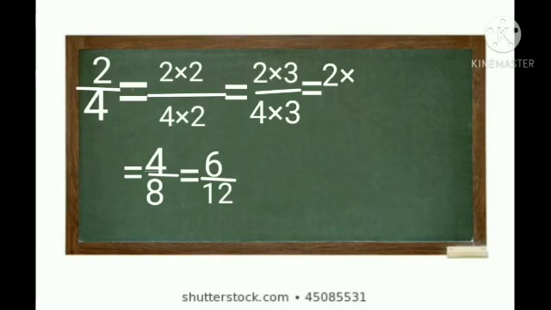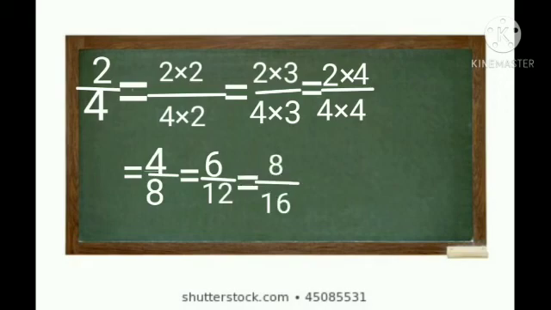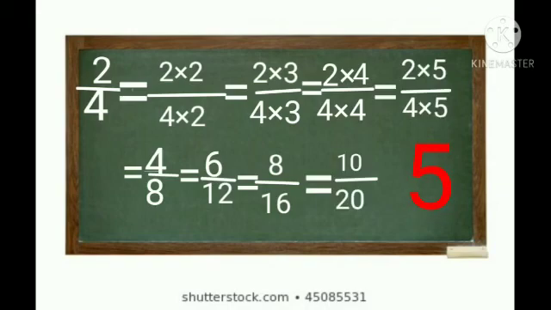And the next number 4. 2 into 4 by 4 into 4. That is 2 into 4, 8. 4 into 4, 16. And the next number 5. 2 into 5 by 4 into 5. 2 into 5, 10. 4 into 5, 20.